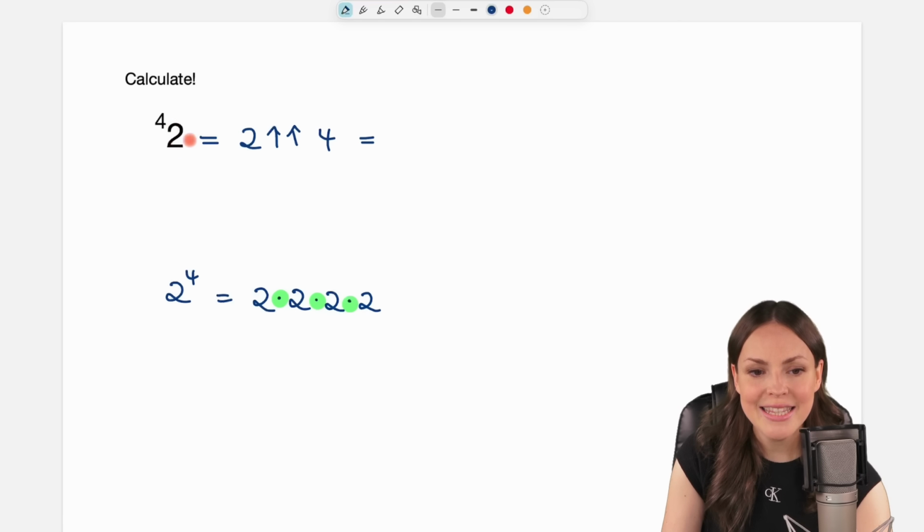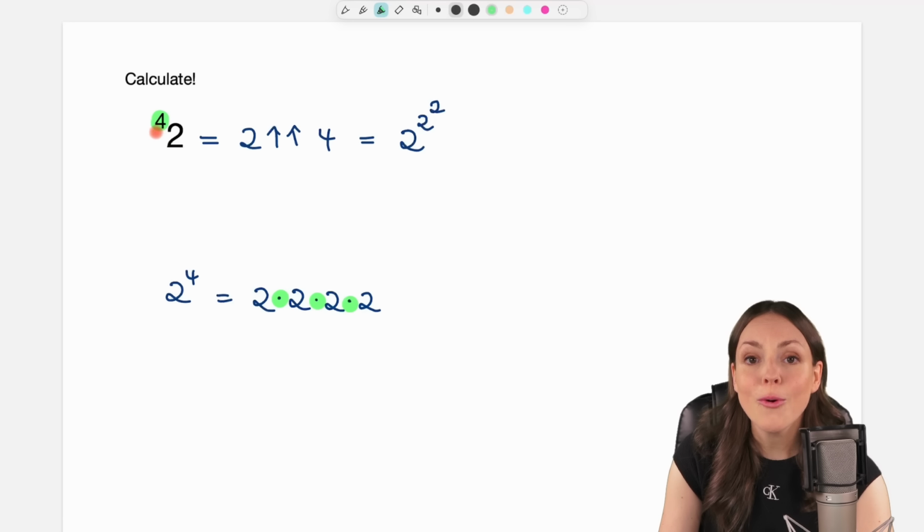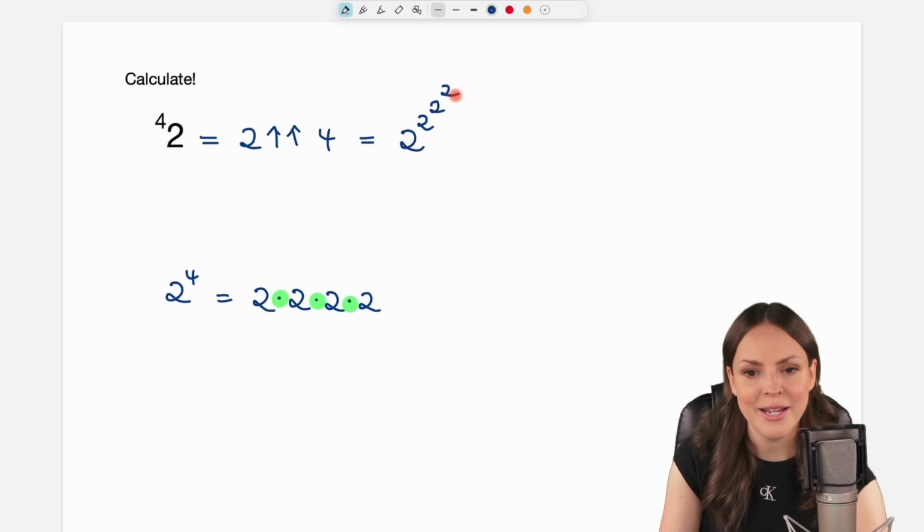So we take the base, and instead of times 2 times 2, we raise this number to the power of itself again. So we have 2 to the power of 2 to the power of 2. How often? Until we see 4 of these 2's.